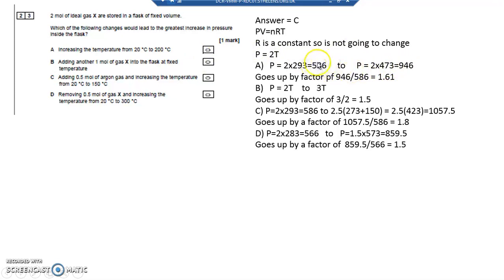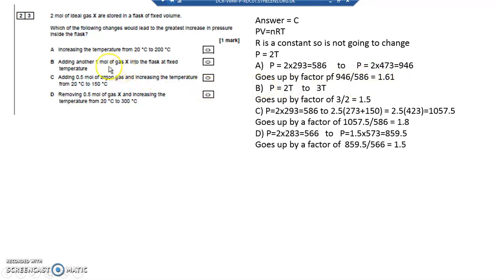So it's gone up from 586 to 946. It's nearly doubled. It's going up by a factor of 946 divided by 586. If I divide the bigger by the smaller, I work out how much it's gone up by. It's multiplied up by a factor of 1.61 times bigger.